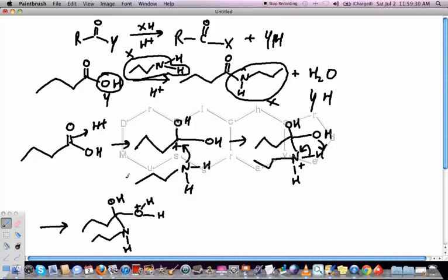And then what will happen is that the leaving group will leave. I'll draw this bond out here a little bit more. Then we'll reform the C double bond O and kick out the leaving group. And there's our product, which is an amide.